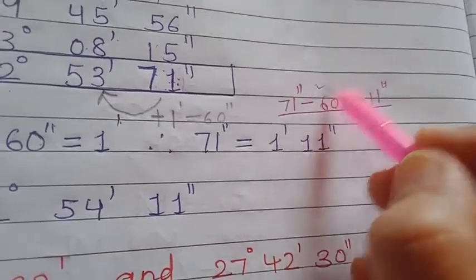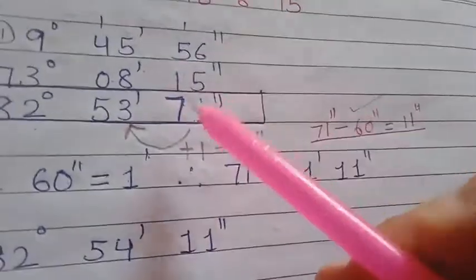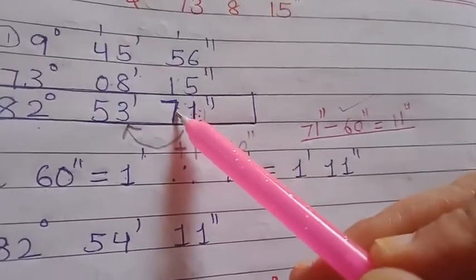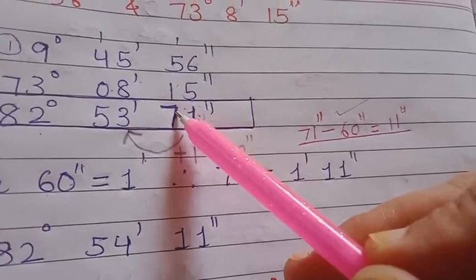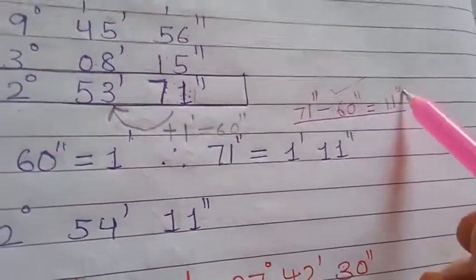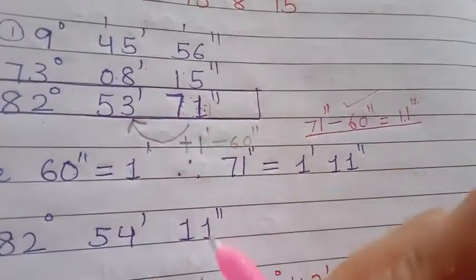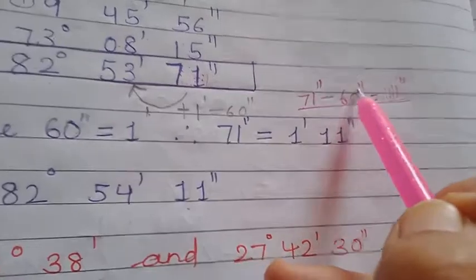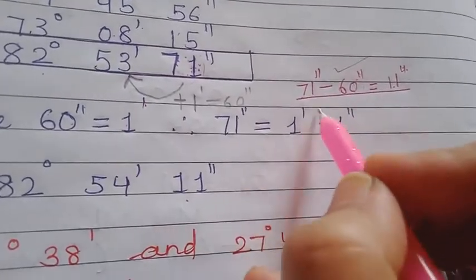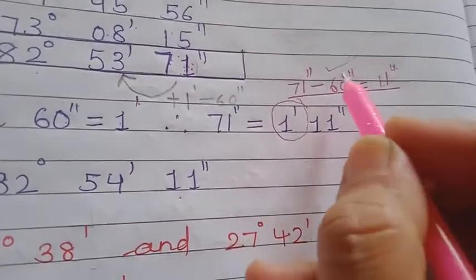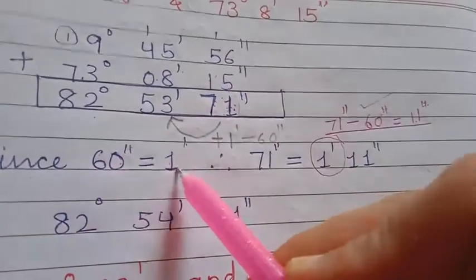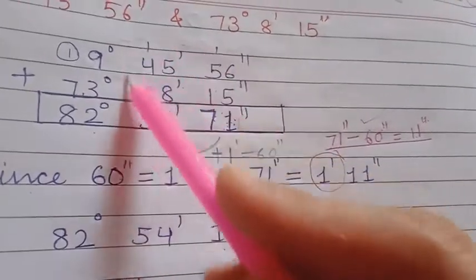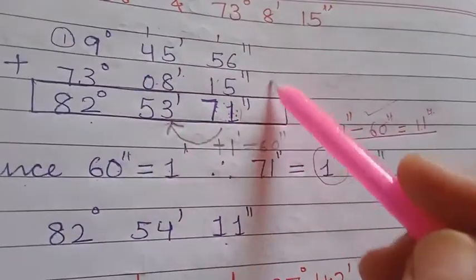You will ask why we have to subtract 60? Because 71 is more than 60. After subtracting 60 from 71, I have got 11 seconds, so those 11 seconds should be written here. We have subtracted 60 seconds, but 60 seconds means 1 minute. So that 1 minute will go in the minute section. This is the minute section and this is the second section.